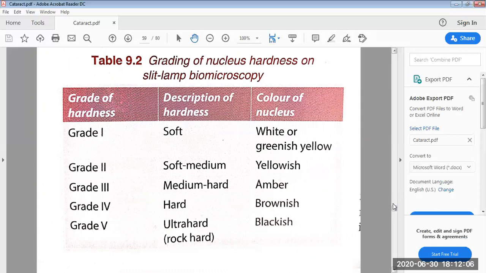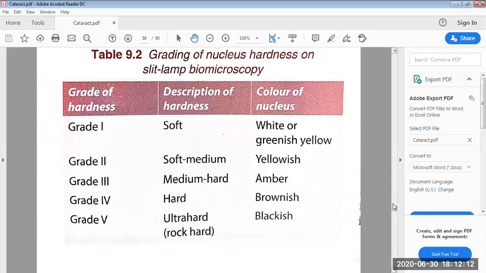Grade 2 when the nucleus is soft medium and the color of nucleus is yellowish. Grade 3 when the nucleus is medium hard and the color of nucleus is amber colored. Grade 4 when the nucleus is hard and the color of nucleus is brownish. And grade 5 when the nucleus is ultra hard or rock hard and the color of nucleus is blackish.